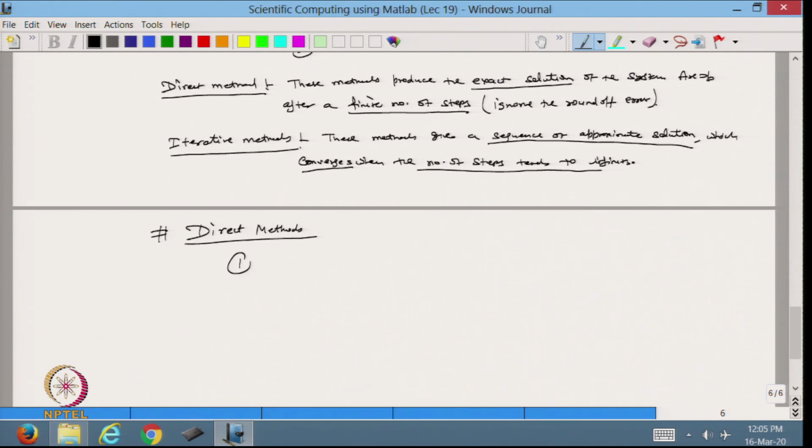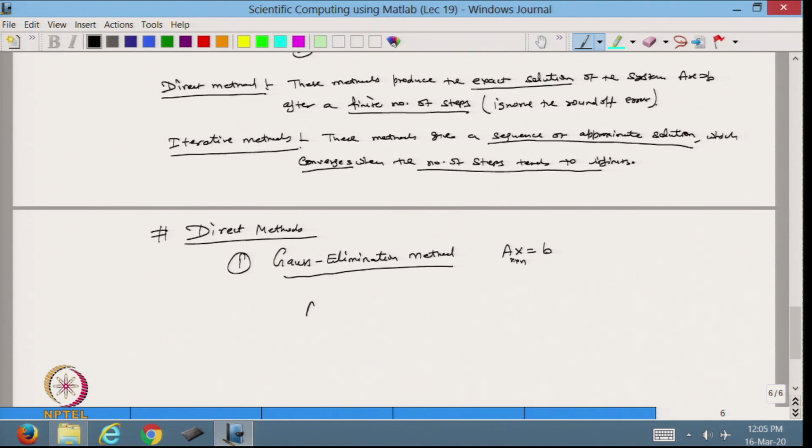The first one we are dealing with here is the Gauss elimination method. In the Gauss elimination method, we have a system Ax = b, where A is an n cross n matrix.